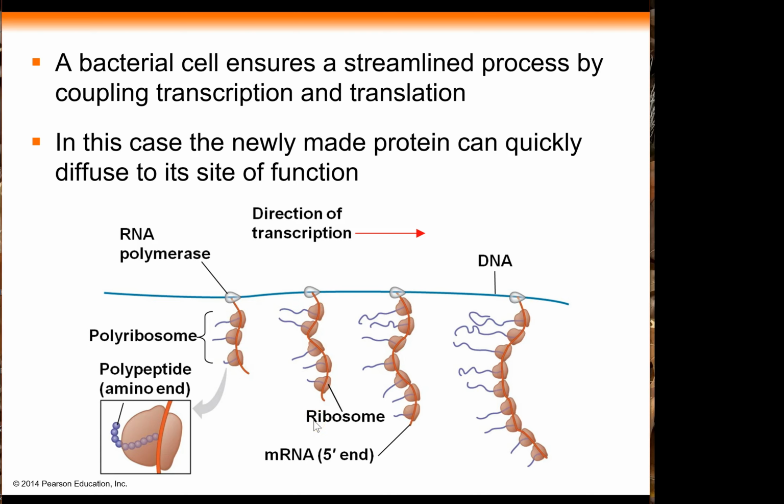Remember, in a prokaryotic cell, the mRNA, once it's made, is done and ready for translation. So even before the RNA polymerases finish transcription, the ribosomes can already attach to the mRNA in creation and start translating it, which is incredible. So if you look at this one gene, at one time there could be 20 plus polypeptides being made at the same time for this particular gene. So definitely extremely high throughput for bacterial prokaryotic cells.